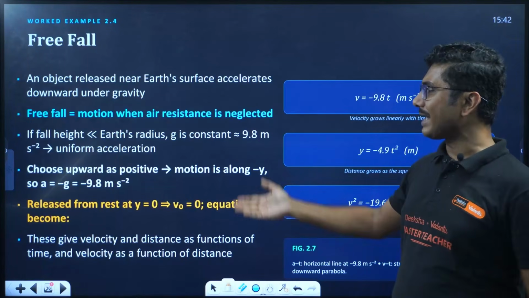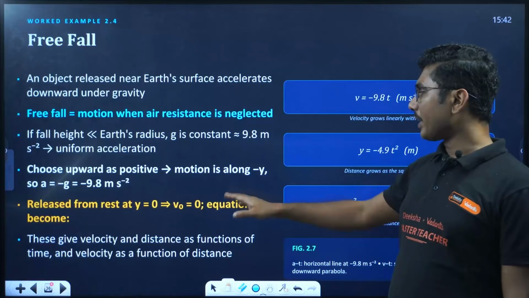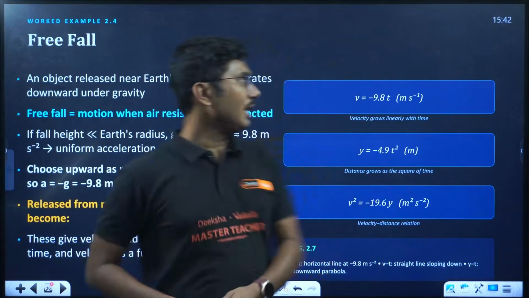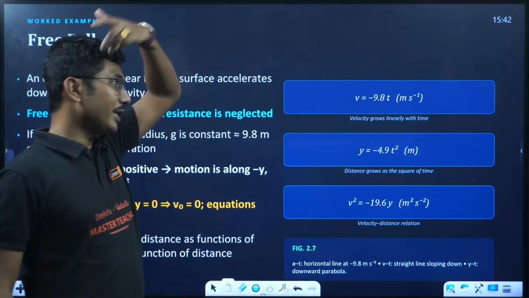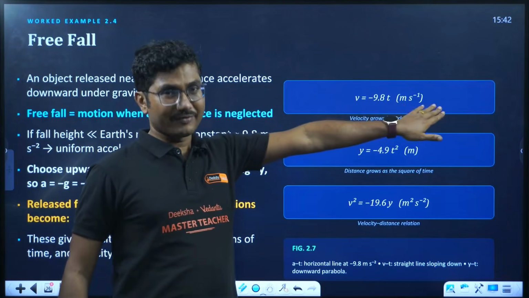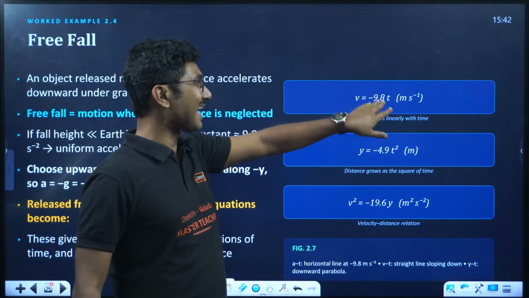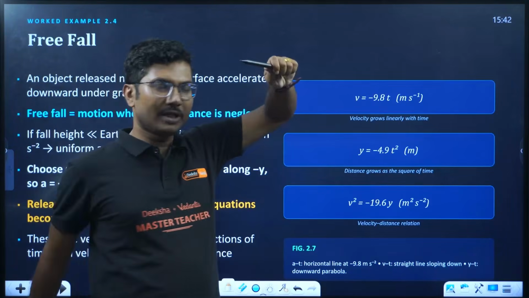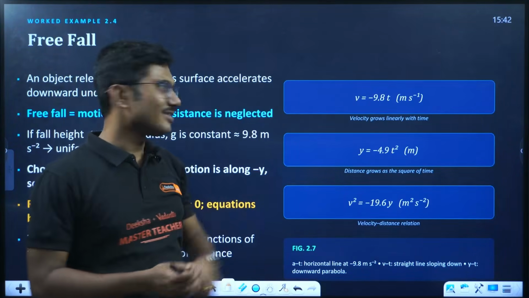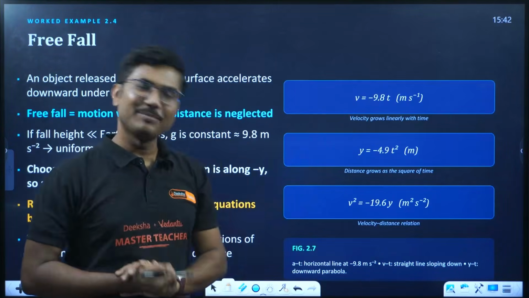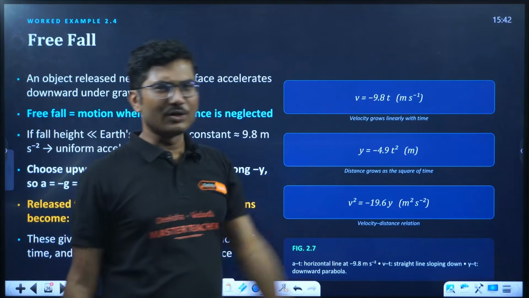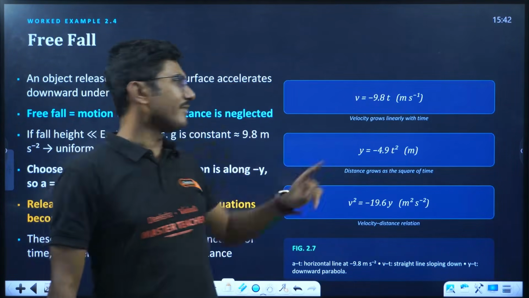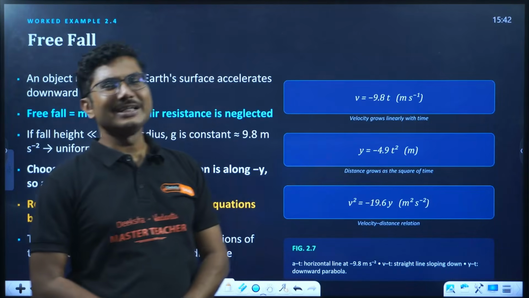Released from rest at y equal to 0, okay, v equal to 0, the equations become, so if you are using the equation of motion, okay, the velocity of the object after some time is given by minus 9.8 t. Okay, so if you are dropping something, what will be its final velocity? Just take 9.8, multiply with the time, you get the velocity. Initially it was 0. Right? If you are trying to find how much distance it has traveled, minus 4.9 t square.